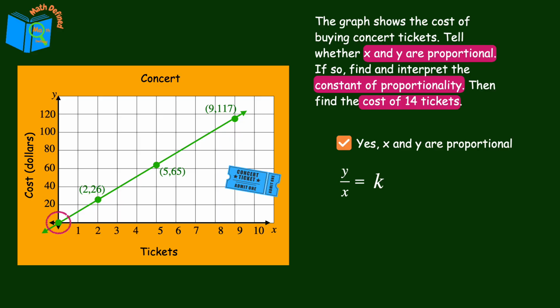I like small numbers, so I'm choosing the point 2, 26, which means 2 tickets cost $26. We want to know how much it costs for 1 ticket, so we'll substitute 26 for y and 2 for x. 26 divided by 2 is 13, so k is 13, and the unit rate is $13 per ticket.